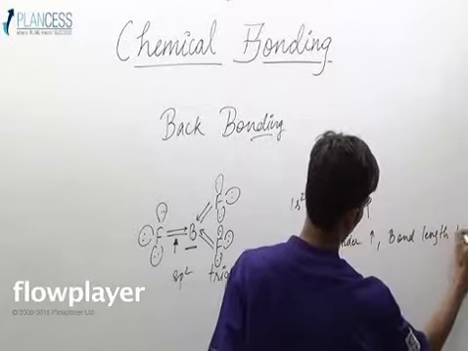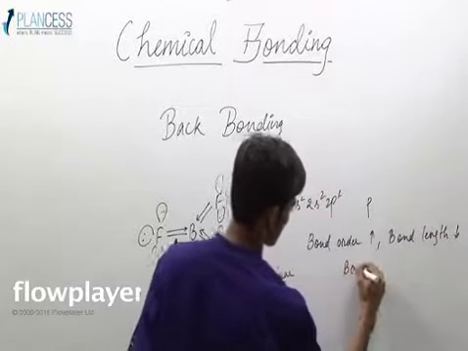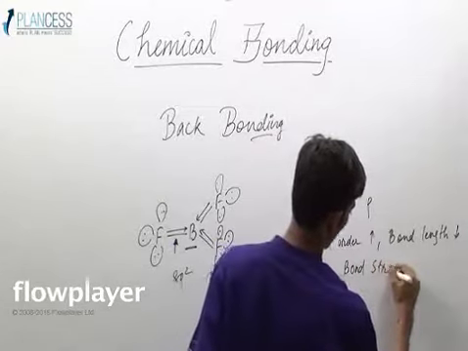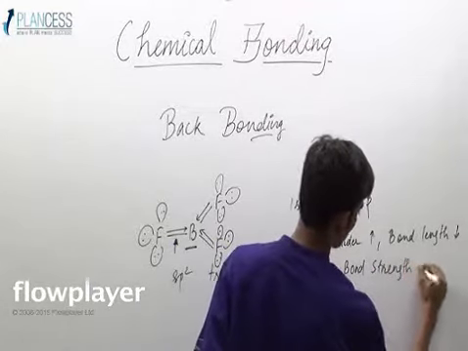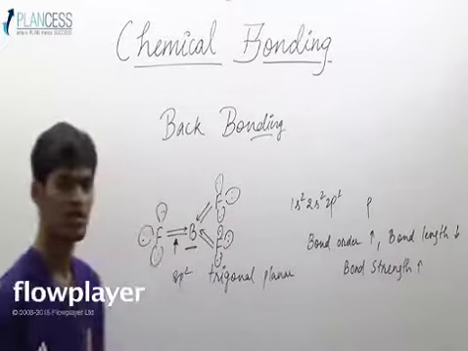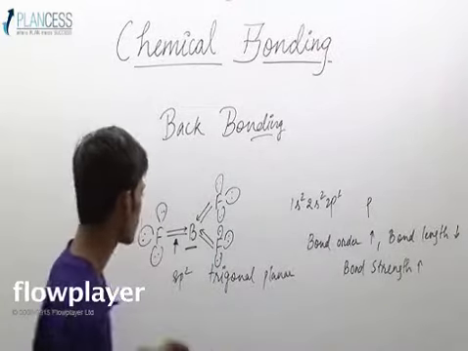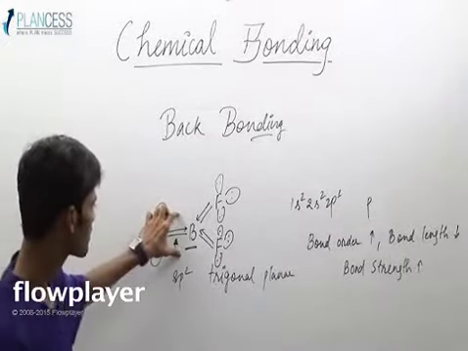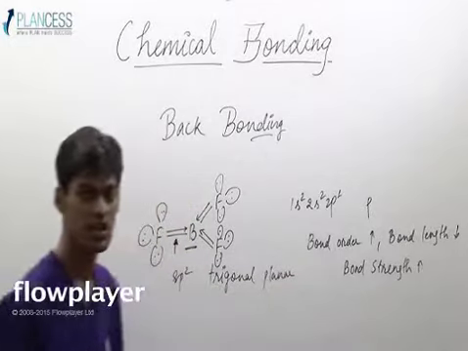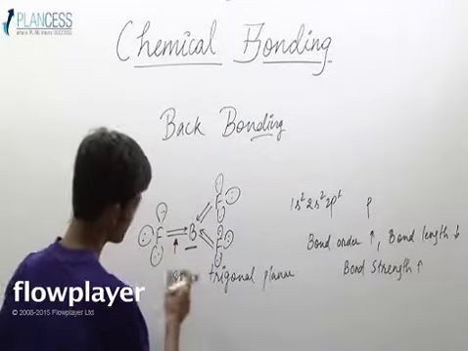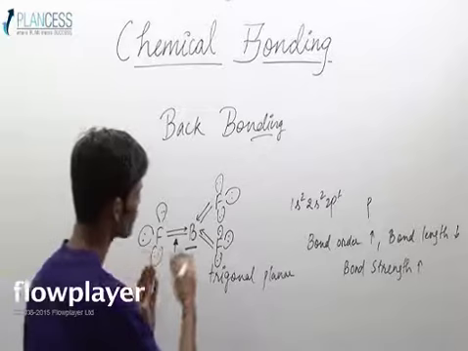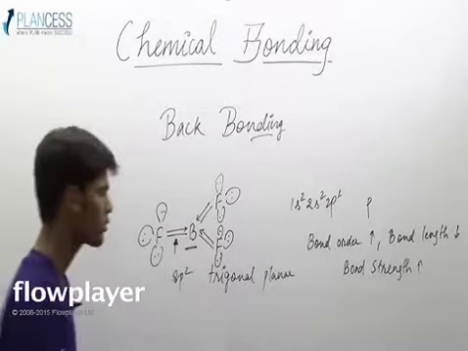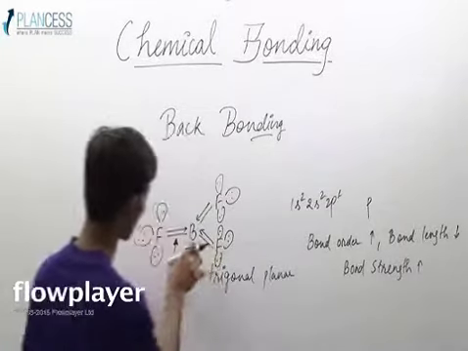So bond length decreases, and bond strength increases. As we know, the bond strength of a triple bond is more than that of a double bond, which is more than the bond strength of a single bond. So bond strength increases, bond length decreases because of the increase in bond order. The bond order would be somewhat between 1 and 2. It would not be perfectly 2.